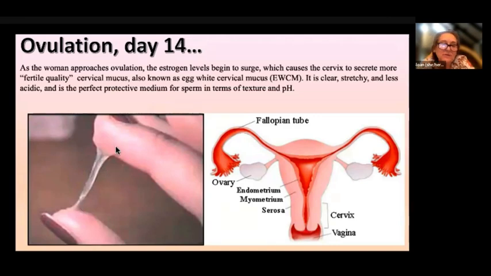This is what I was talking about again on ovulation. This fluid that you can see between her fingers is what they call egg white cervical mucus.